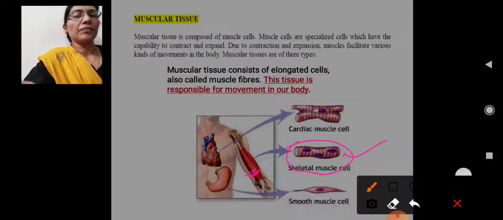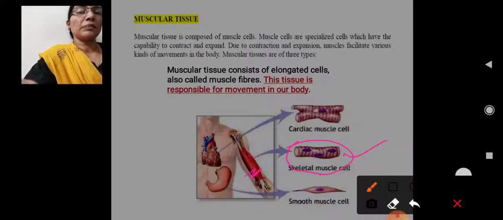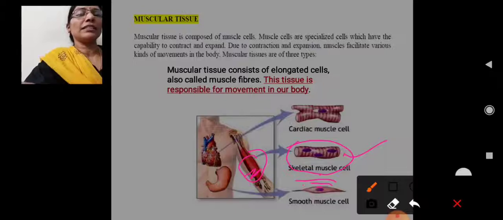And here you can see one more thing in this picture. The skeletal muscles are attached to the bone. They help in the contraction and expansion of the muscles. With the help of the contraction and expansion of the muscles, the bones move when they are attached to the muscles. So skeletal muscles are also called voluntary muscles.